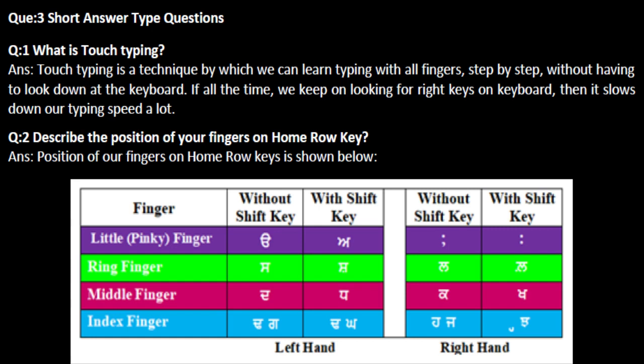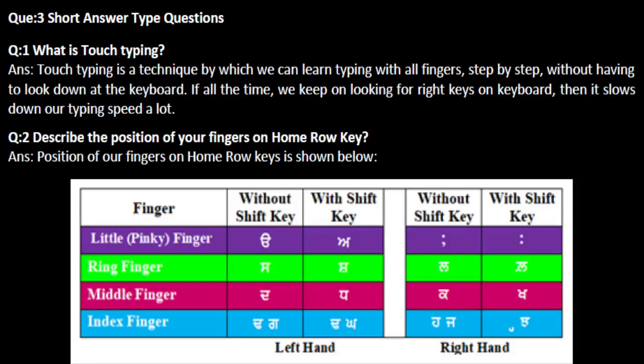With the little finger, we can type without shift key. Without shift key: uda, ring finger sassa, middle finger dadda, and index finger, there are 2 characters, tadda and gagga. Now again with left hand, with shift key: ada, sassa, tadda, and with index finger, tadda and kagga.